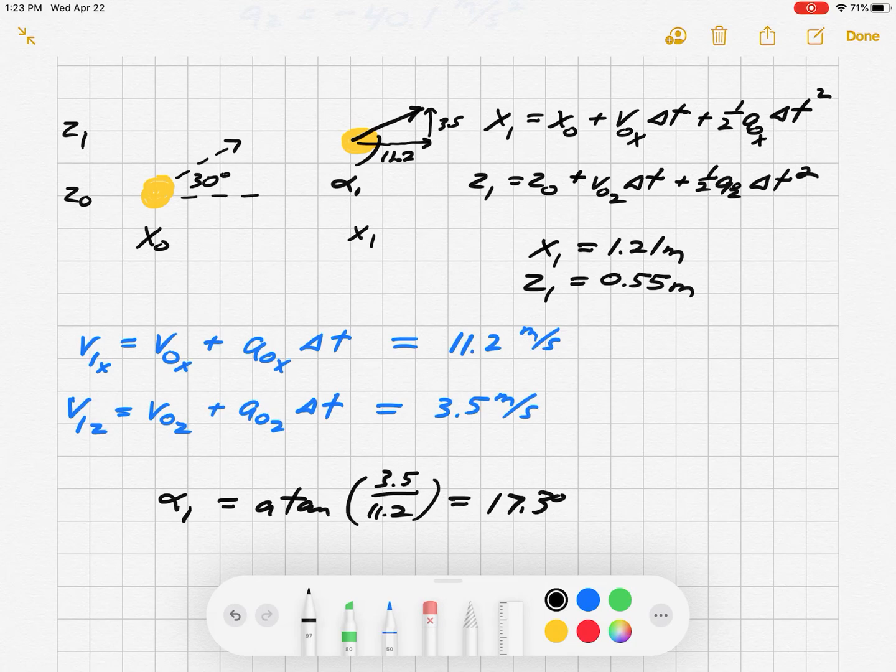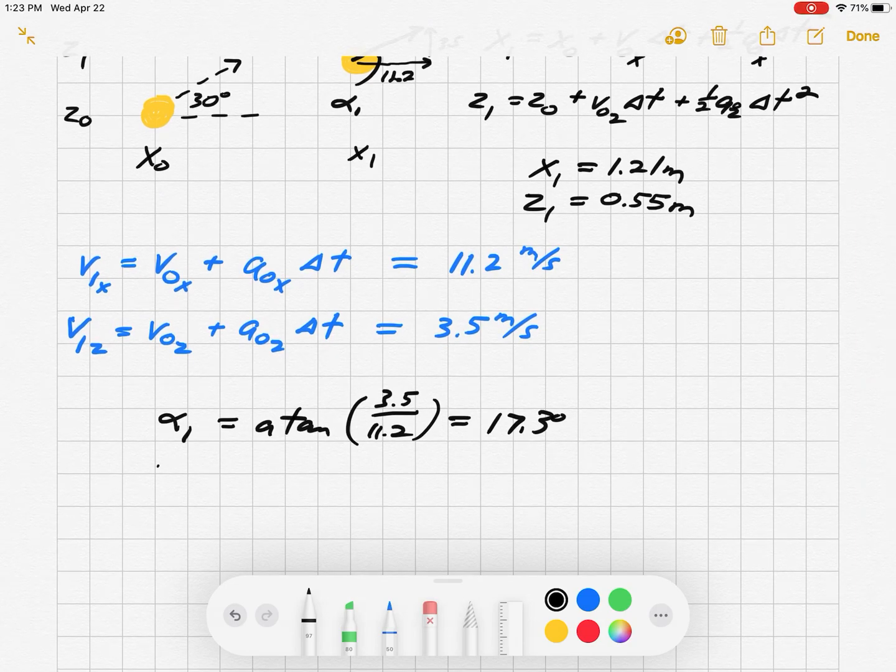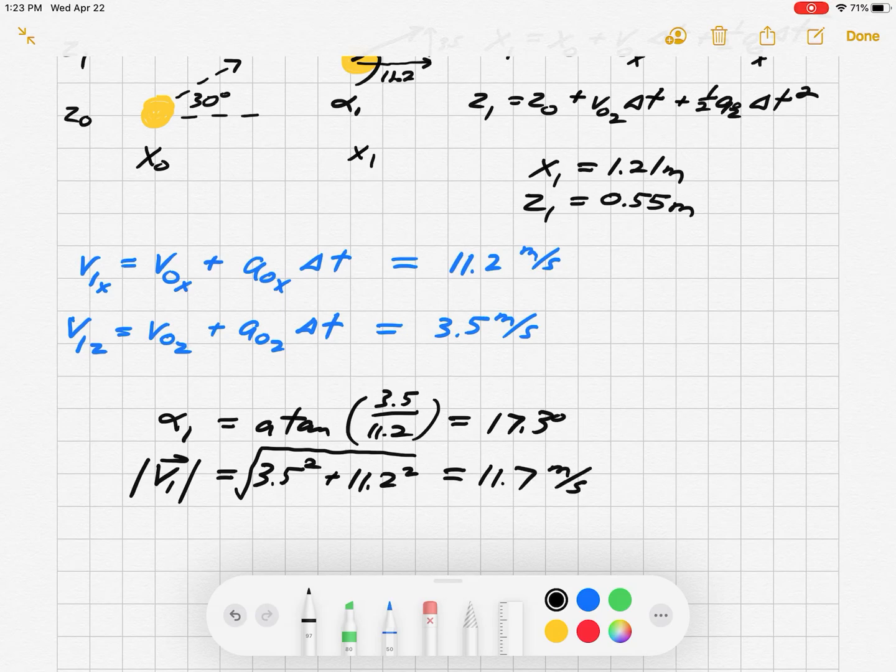So that means that's our new angle 0.1 seconds later. The other thing that we need is actually the magnitude of our v1. So the magnitude of the vector v1 is going to be given by 3.5 squared plus 11.2 squared. Take the square root of all that, and you get 11.7 meters per second. Okay, and that's really important.